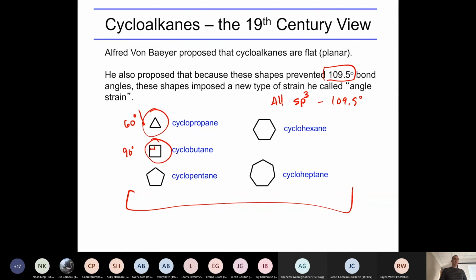But if you make these ring structures, especially cyclopropane, with 60 degrees, there's a tremendous amount of ring strain in there. So think about all those carbons. They're all sp3. They all want to have bond angles of 109.5, but because of the shape of the molecule, they're strained in. It's like a loaded spring. Imagine you have a big cyclopropane, and you took a pair of scissors and snipped one of the carbon-carbon bonds.